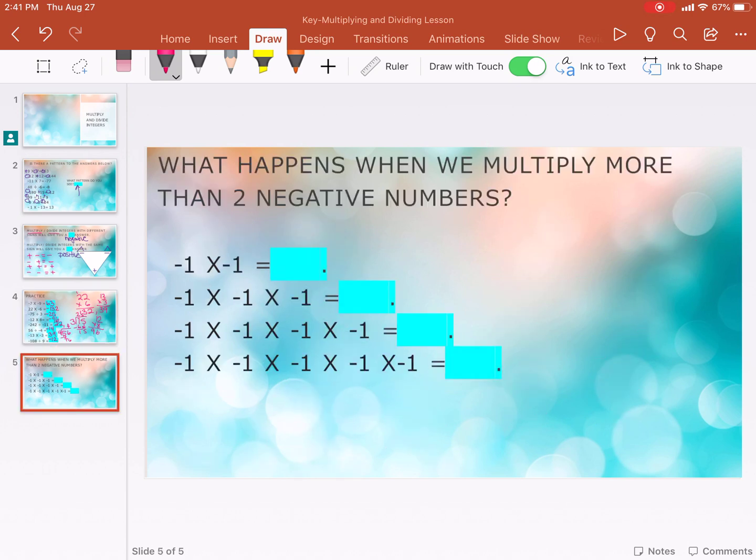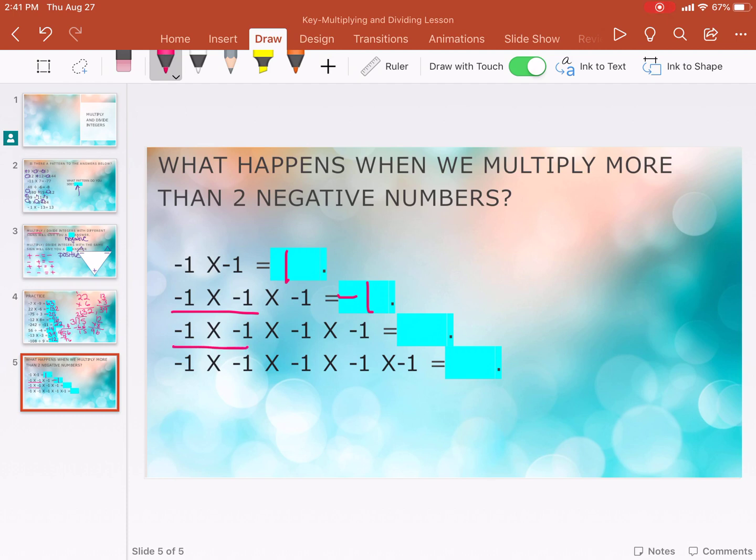So look at this real quick and see if you can figure out what this rule is. What happens when you multiply by more than 2 negatives? Okay, so a negative and a negative is a positive, remember? So let's do this one. Negative and a negative is positive. So now we have a positive times a negative, which gets us a negative.